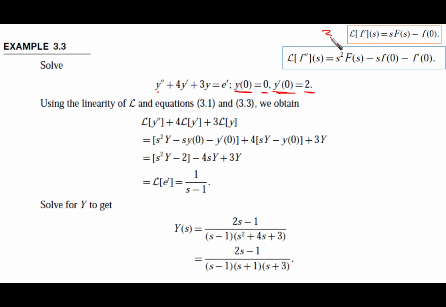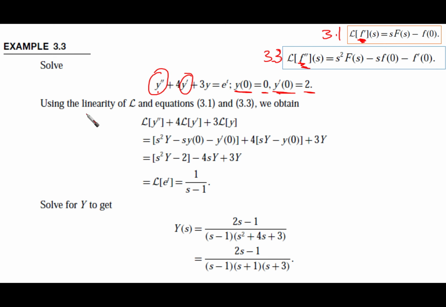Remember, this is equation 3.1, and this is 3.2, I guess. I'm not sure. Sorry, 3.3, which is the equation for the Laplace transform of the second derivative. Here, the Laplace transform for the first derivative.